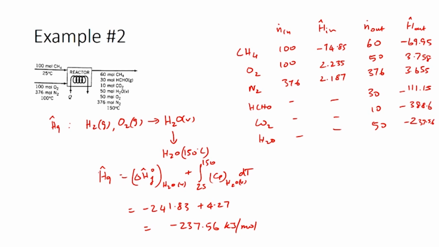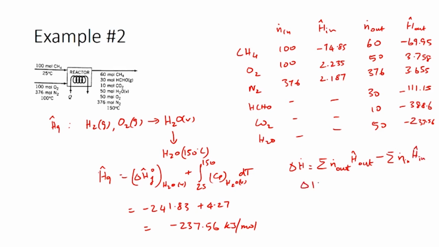Now that we have this, the total enthalpy of the outlet stream can be calculated as the summation of the individual flow rates times the specific enthalpies, and similarly you can calculate the total enthalpy of the inlet stream, and the difference between the two is your delta H dot, which is sigma N dot out times H cap out minus sigma N dot in times H cap in.